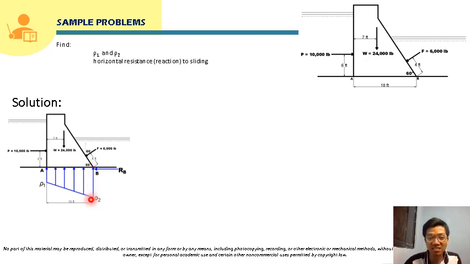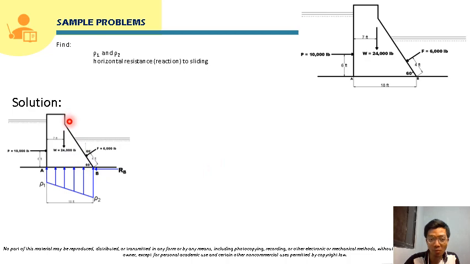The analysis here is that we know the resultant of this dam will be directed downward to the right. Meaning to say, the part of this dam that will experience more stress is the part at the right side, since the resultant will be directed to the right.